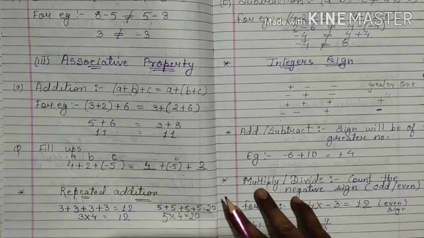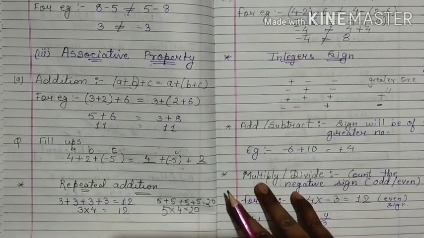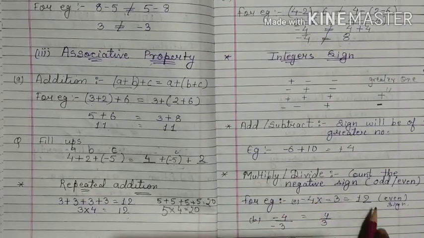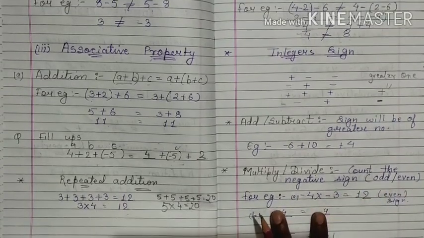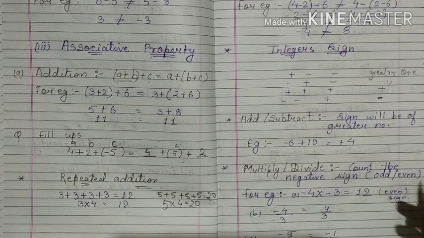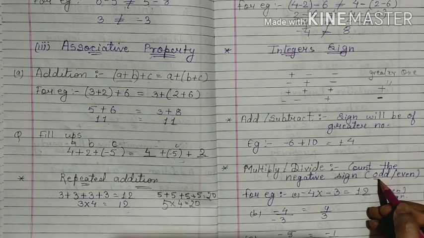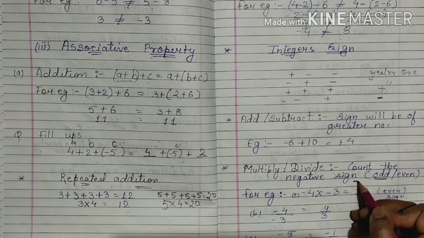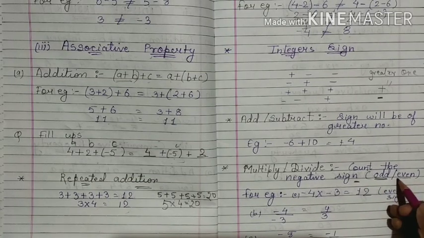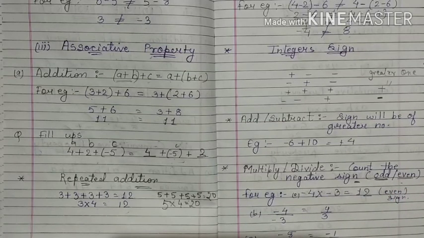And in multiplication and division, what do we do? We will count the negative sign. It is odd or even. When the negative sign is odd, we will write the negative sign, and when the sign is even, we don't write the negative sign.